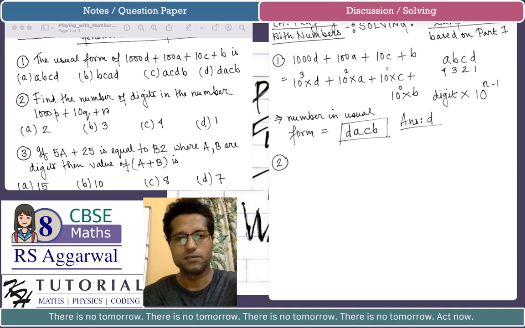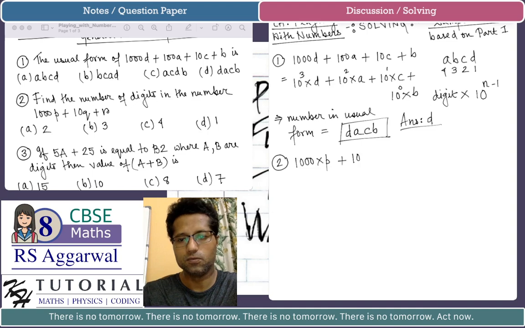Find the number of digits in the number. So a number in the general form is given as 10,000 into P plus 10Q plus R. Now, even though there are three unknown digits P, Q and R, the only thing that will matter in finding the number of digits in the given number is the highest power of 10.